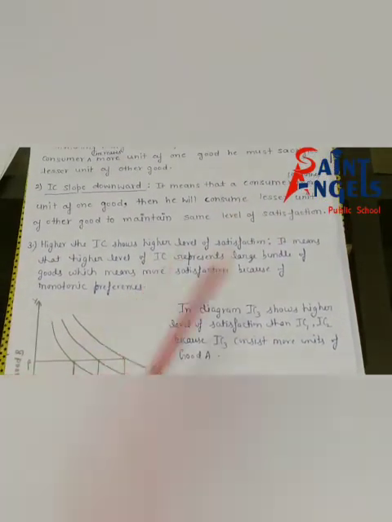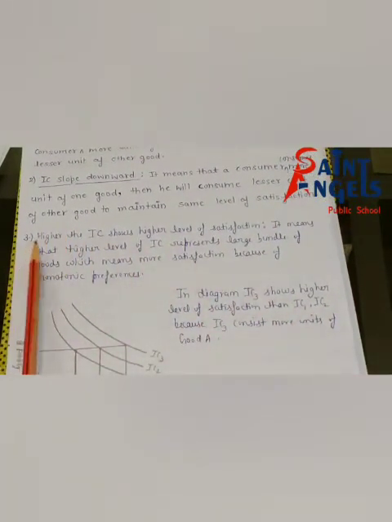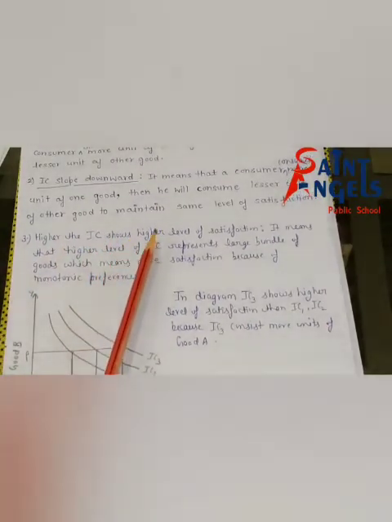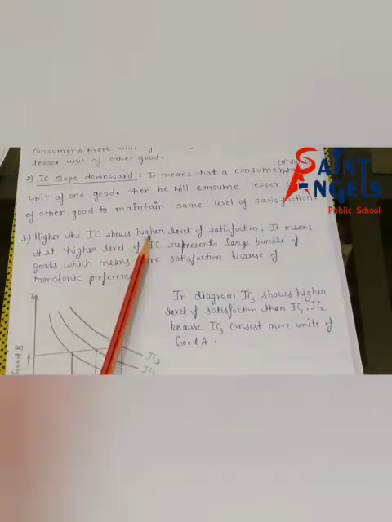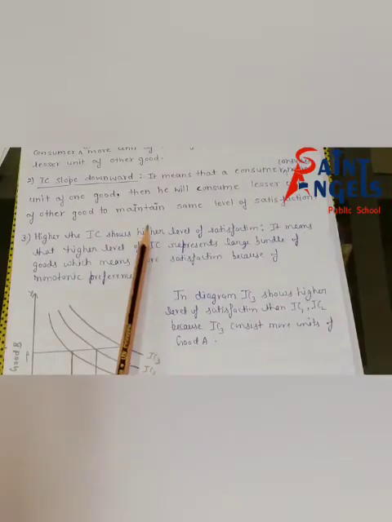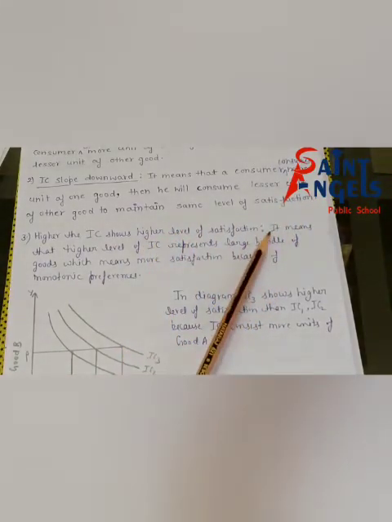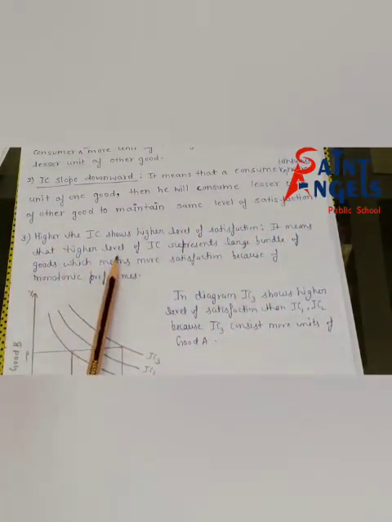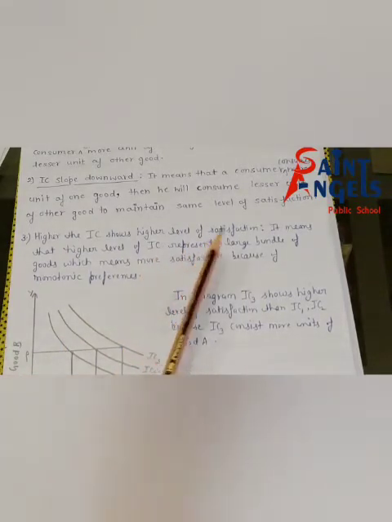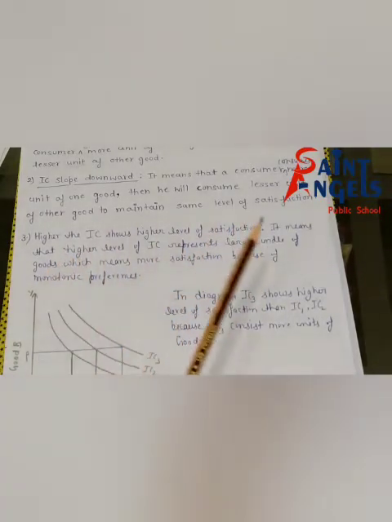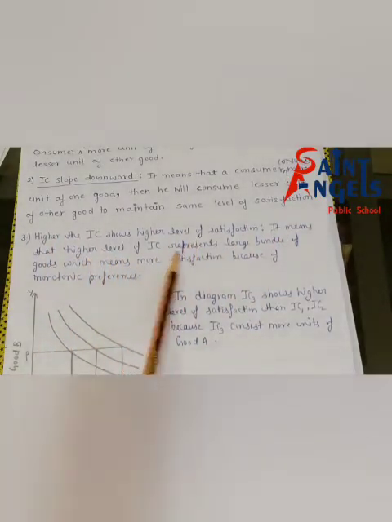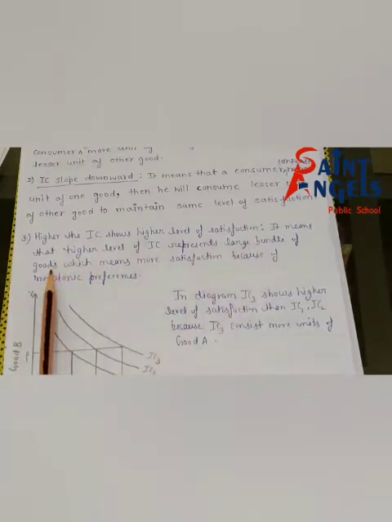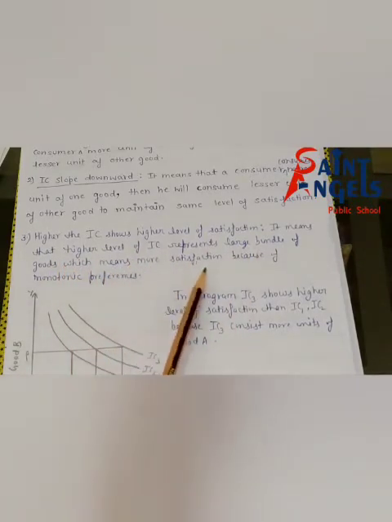See, the third property: a higher IC shows a higher level of satisfaction. This is the third property of IC. It means that a higher level of IC represents a larger bundle of goods, which means more satisfaction.